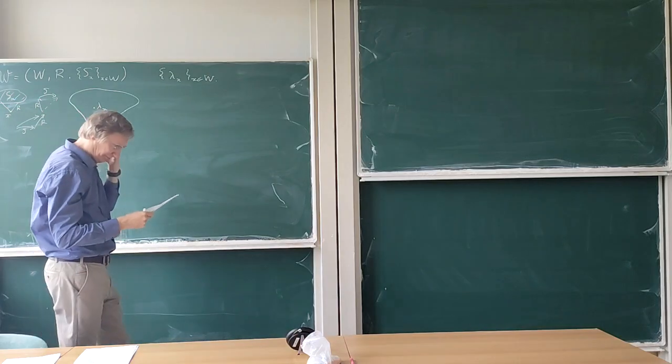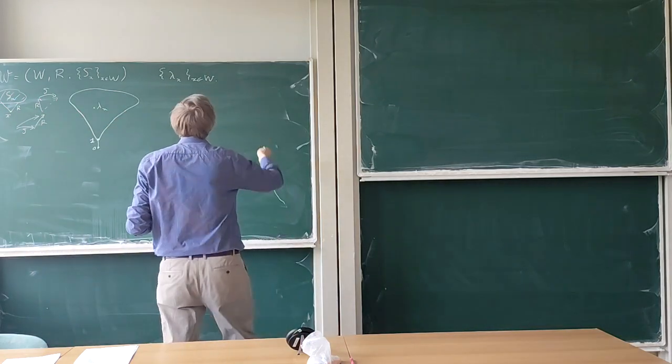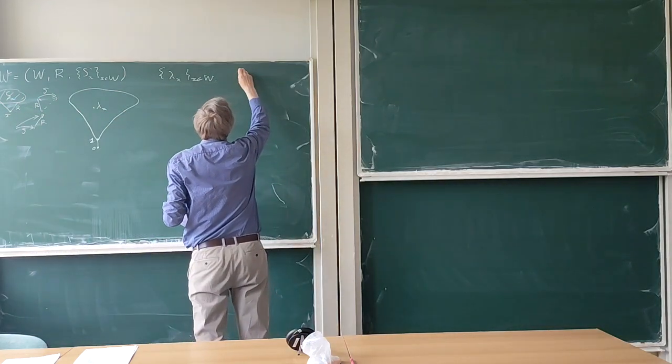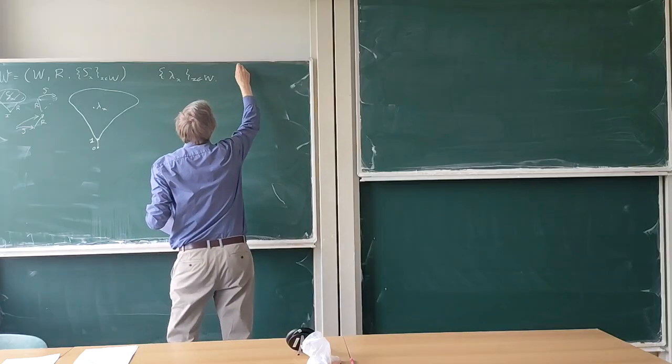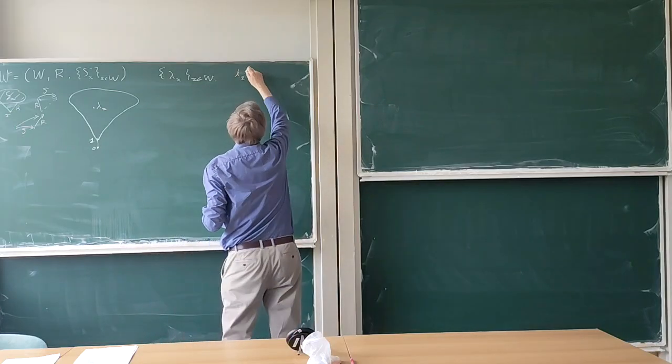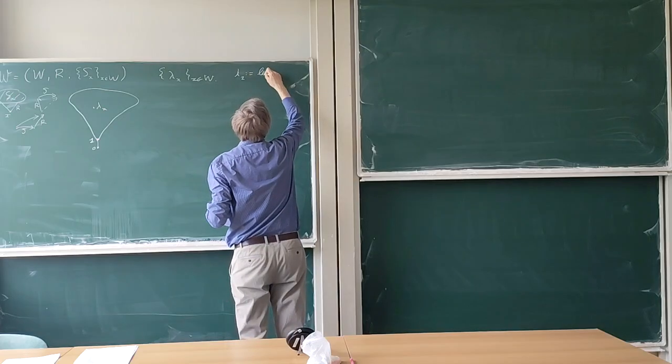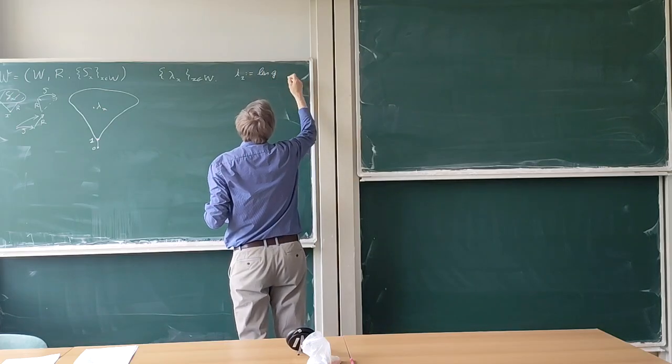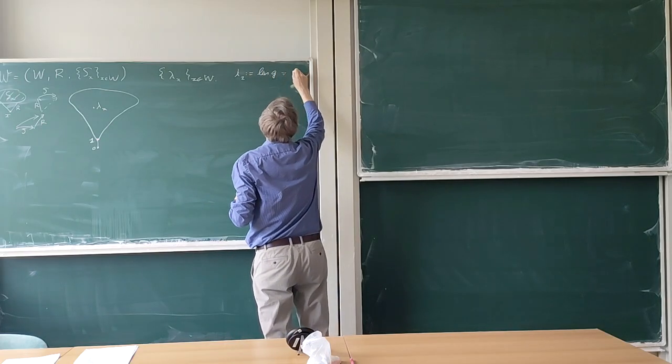And this will be achieved by saying that lambda x is, by definition, saying that the limit of the function g is x.